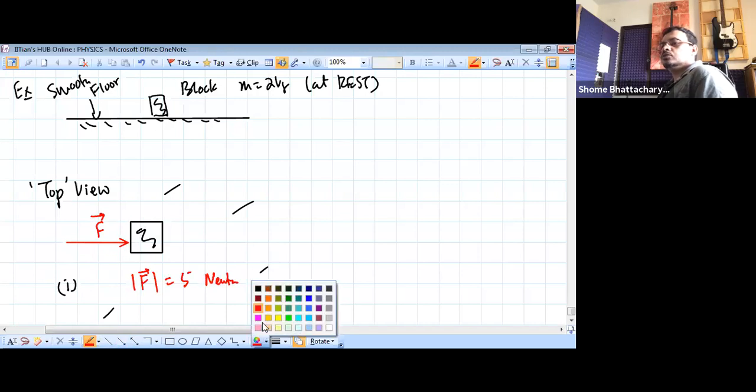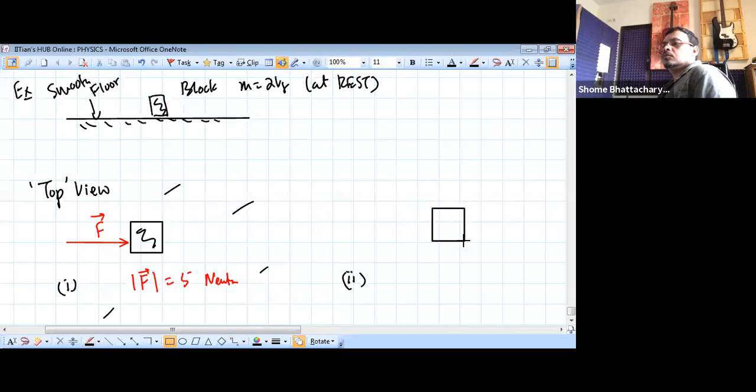In case 2, we are applying a combination of 2 forces now. One is acting like this, and the other is acting like this.